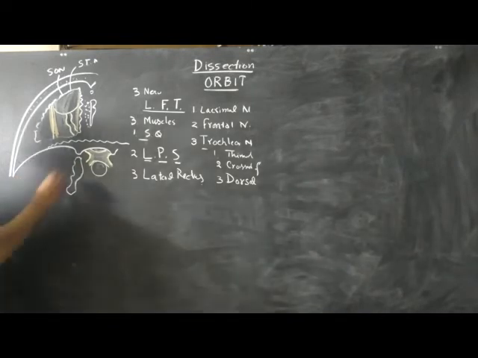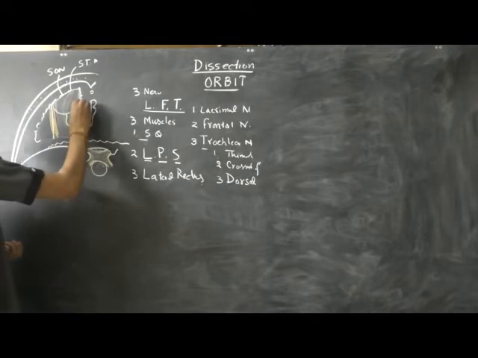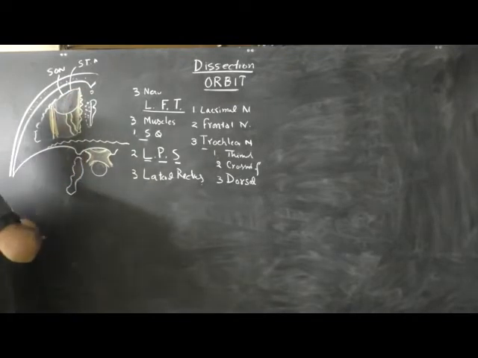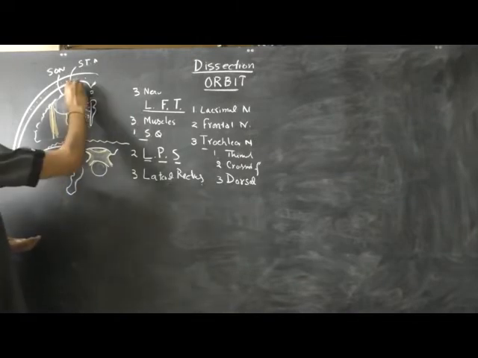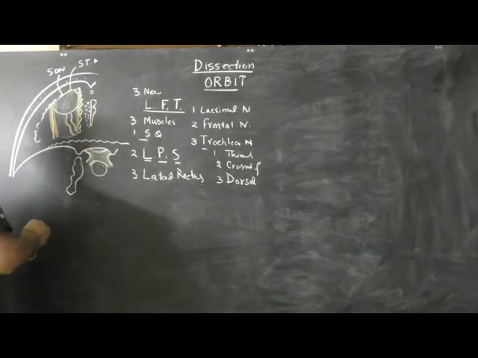And what we see here is that the superior oblique, which is the medialmost muscle here, is going medially and passing through a pulley-like fibrous structure, they call the trochlea.